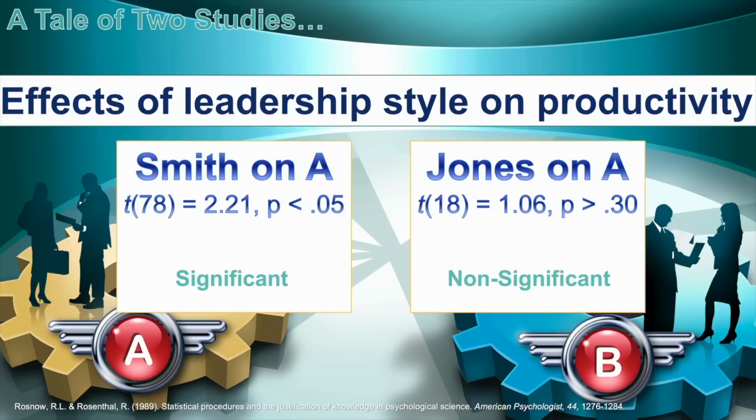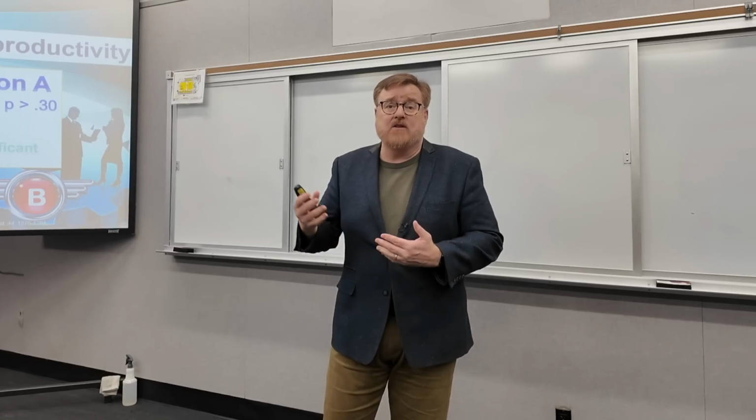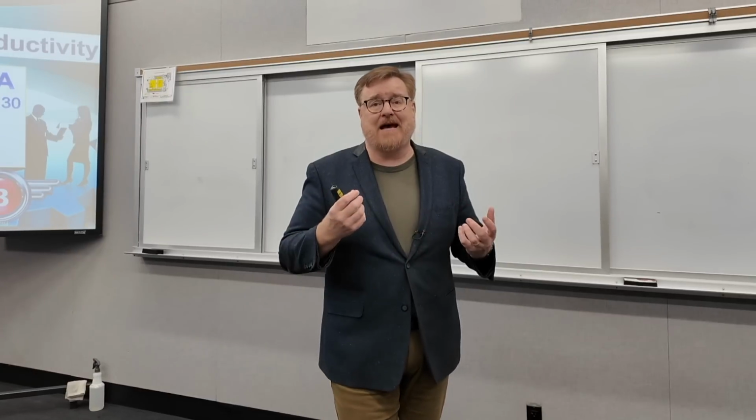It made a statistically significant difference in performance. Now, Jones replicates that original study using Smith's program, and he reports the T of 1.06, probability greater than 0.3, non-significant. In other words, this program used to work, but it doesn't work anymore. It used to be statistically significant, and now it's not.